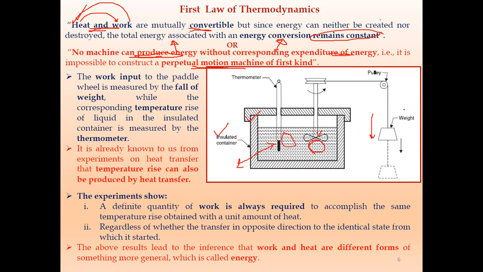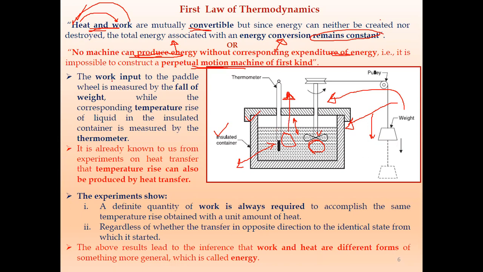So we supply work to this system and the temperature of the water goes on increasing. So there is an increase in water temperature, and we can say that the net work input supplied to this system shows up as the temperature rise of the water. That is nothing but a change in heat energy.